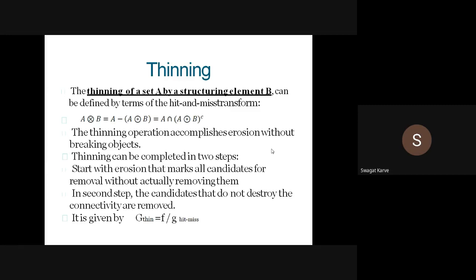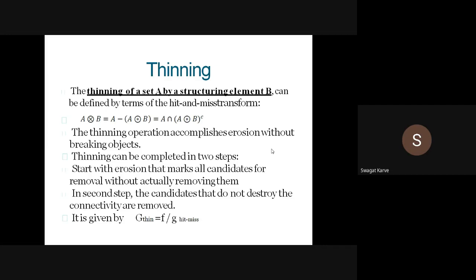Wherever you find a break or destruction in connectivity, you keep that object as it is. And in terms of hit and miss transform, this thinning process can be expressed as G thin is equal to F divided by G of hit and miss.